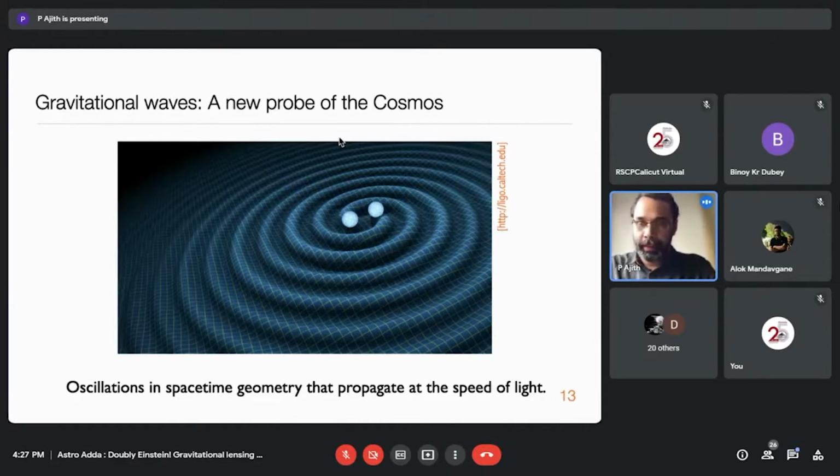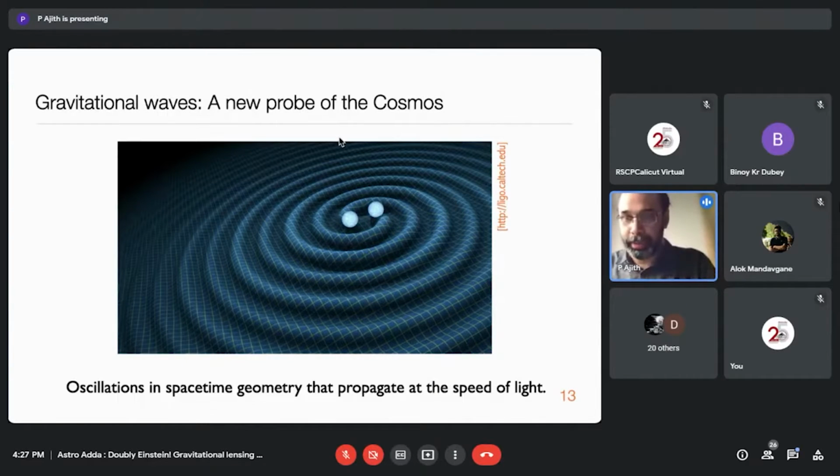We have had indirect evidence of the existence of gravitational waves in the last few decades from radio observations of binary pulsars. But in the last 5-6 years, we have been observing gravitational waves from colliding compact objects, neutron stars or black holes, producing very strong gravitational waves which pass through the Earth.